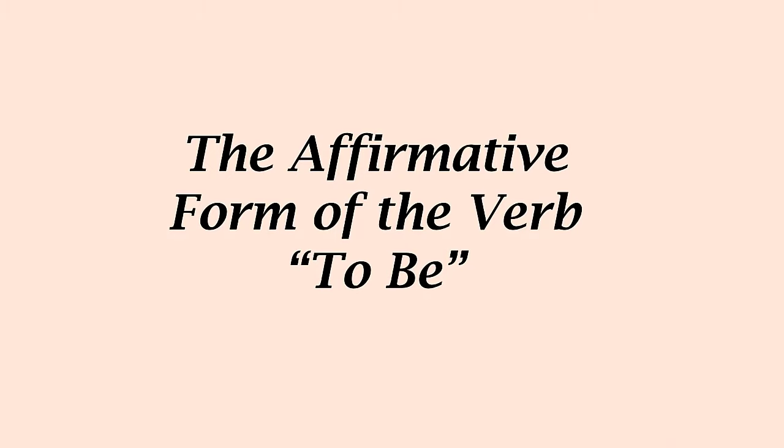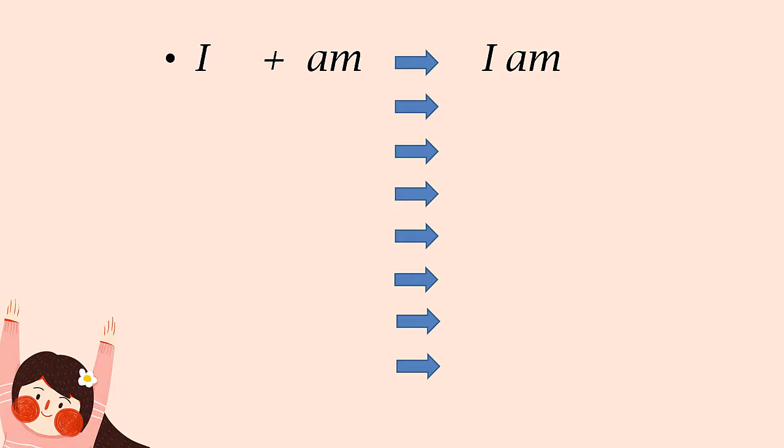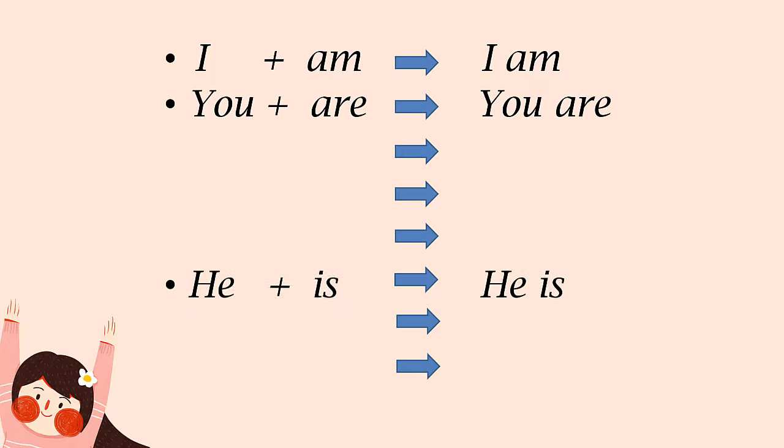Now, here's the affirmative form of the verb to be combined with subject pronouns. Berikut adalah bentuk positif dari kata kerja to be yang digabung dengan kata ganti orang. Let's take a look. I plus am makes I am. You plus are makes you are.